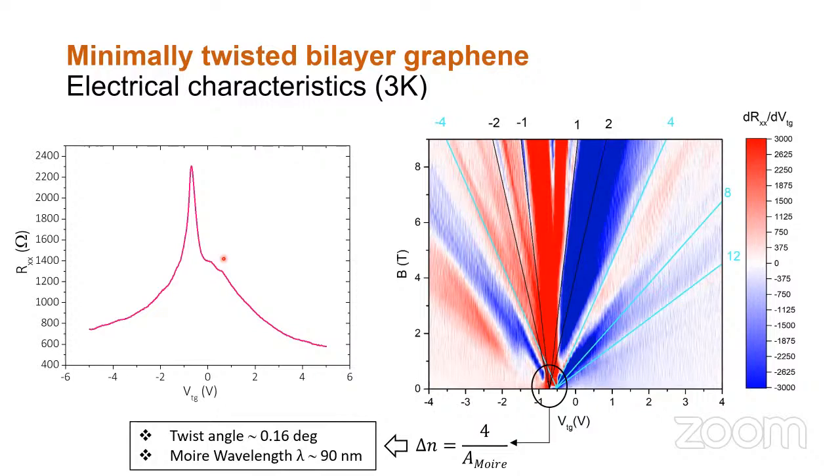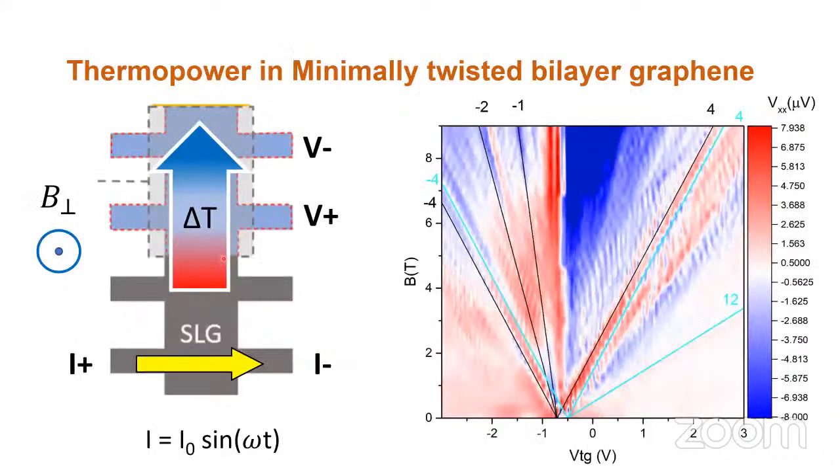I have one question. For the smallest angle device, do you have any in-plane magnetic field? In-plane magnetic field, this Seebeck data also there? This oscillation is there. Good question. As far as I know, we have not done any in-plane.